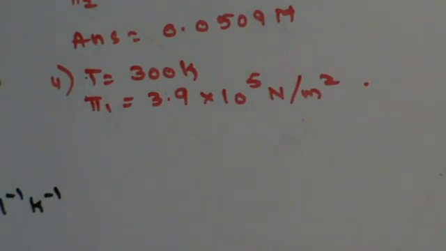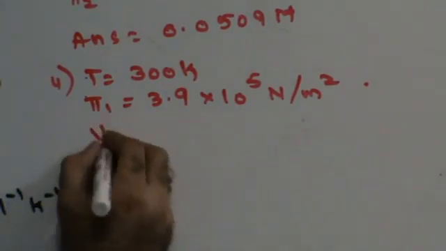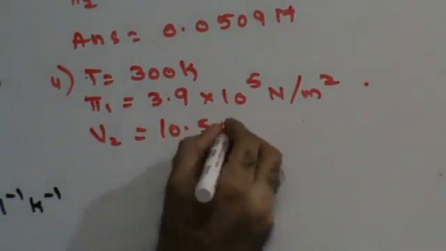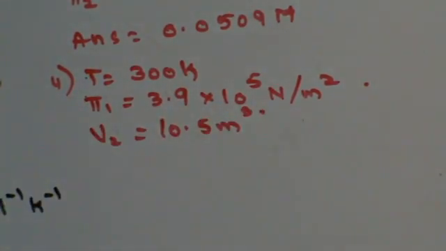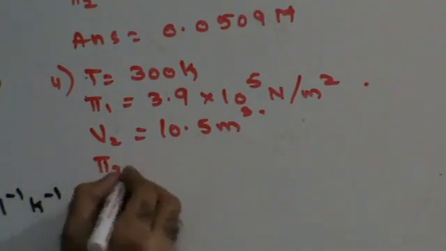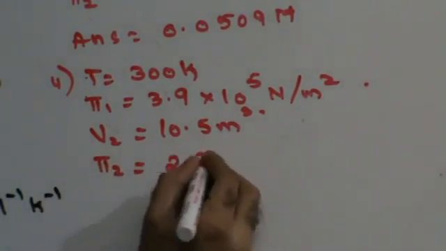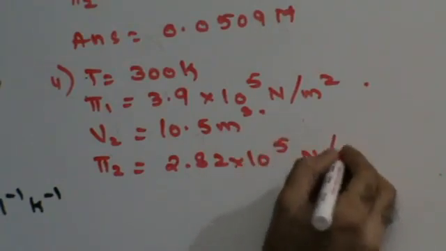Find the volume of the same solution containing 1 mole of solute in 10.5 meter cube and having an osmotic pressure of 2.82 into 10 raised to 5 newtons per meter square.